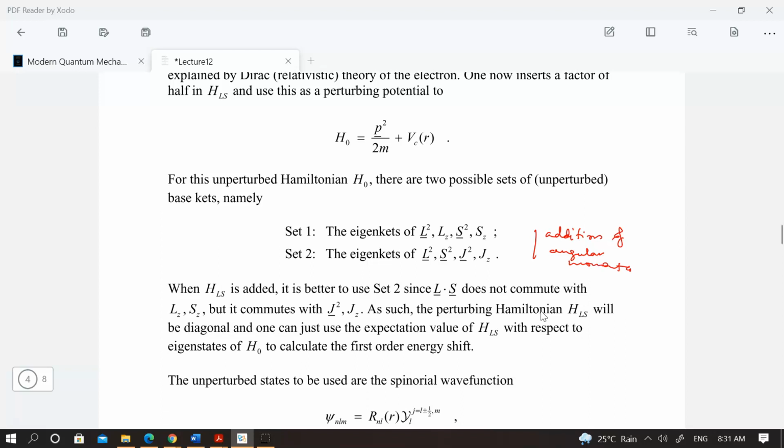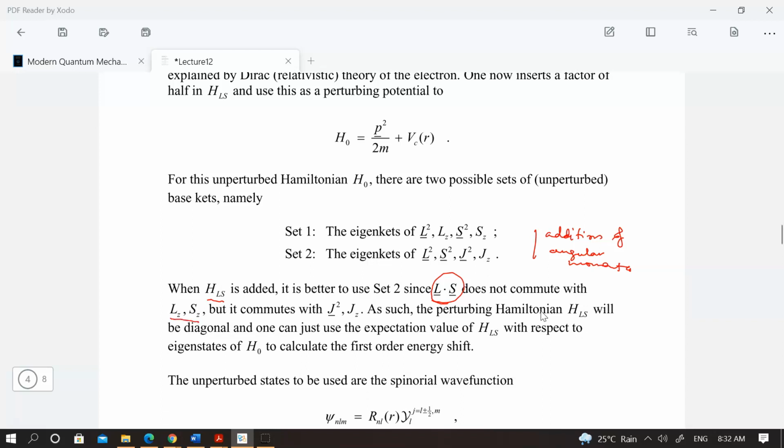But the point over here is that we have to find out which is better, because once you add your H_LS, you have this operator coming in. One of the things we have already seen is that this will not commute with Lz and Sz.